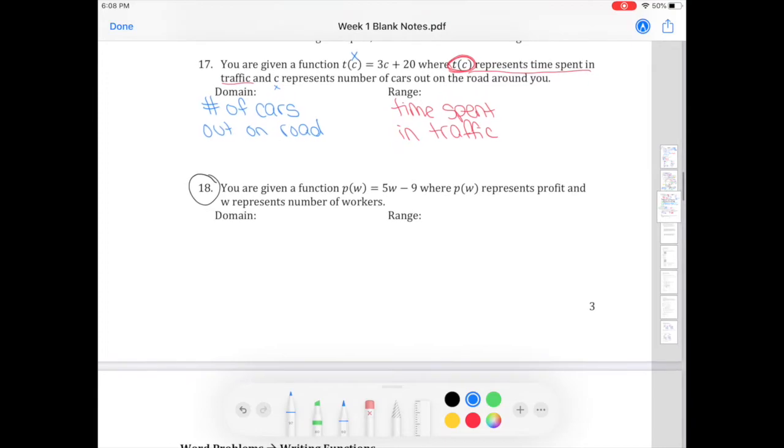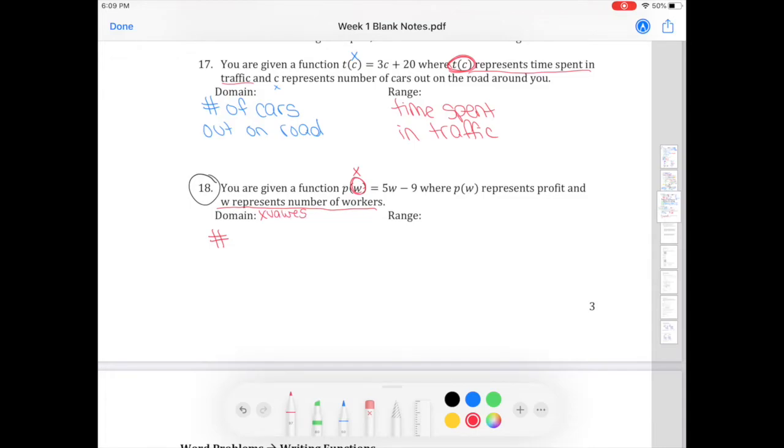Welcome back. All right, so you were given a function P of W equals 5W minus 9, where P of W represents profit and W represents the number of workers. So again, putting some real life context to this, but remember, X is always the inside or your input. Even though it's a W, it's inside of the parentheses there, which means it's your input.